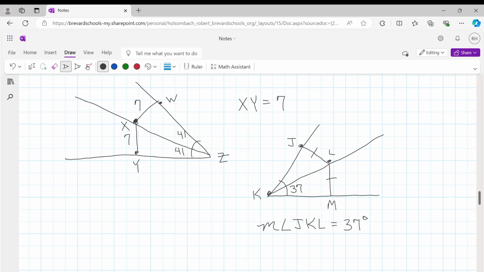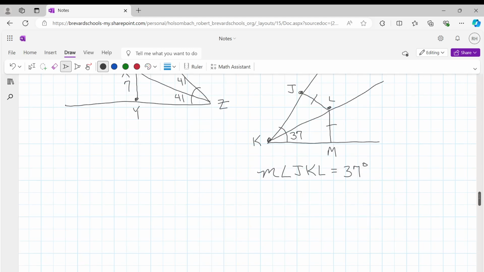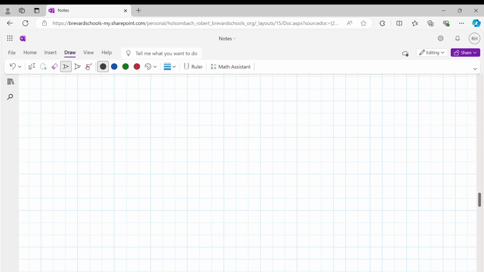All right, and then the third type of picture that you're going to see today is, again, another big angle. And then let's draw a ray coming out of the vertex. We're going to label this M, S, and P. M to S is 3x plus 5.